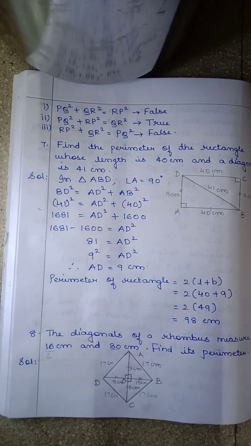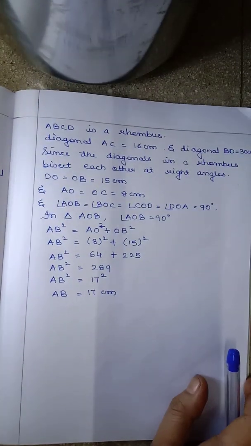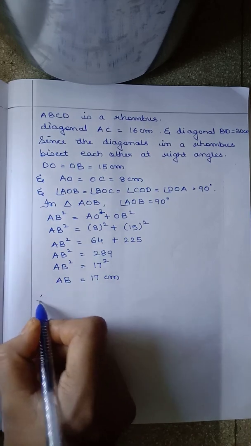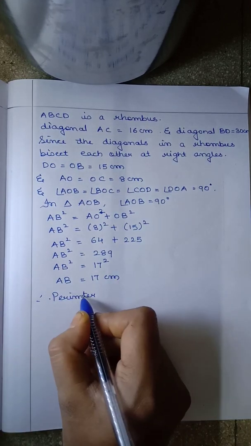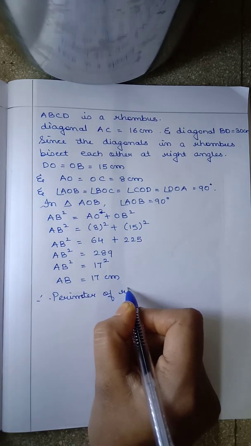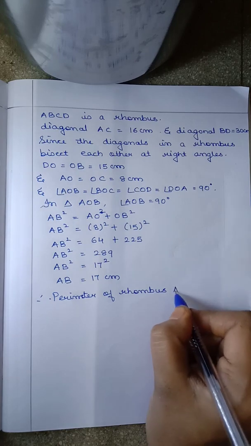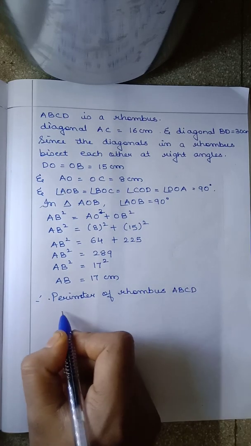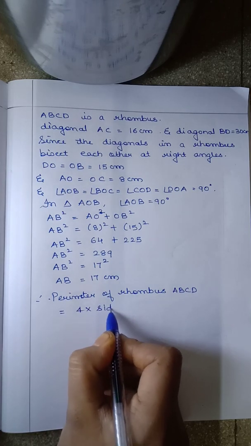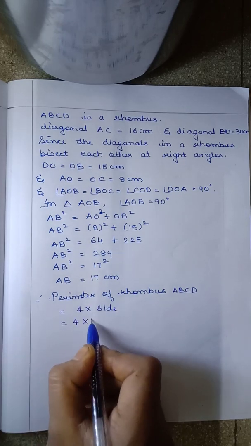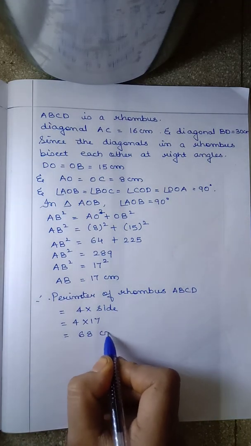Therefore perimeter of rhombus ABCD will be equal to 4 into side. That is 4 into 17, that is nothing but 68 centimeter.